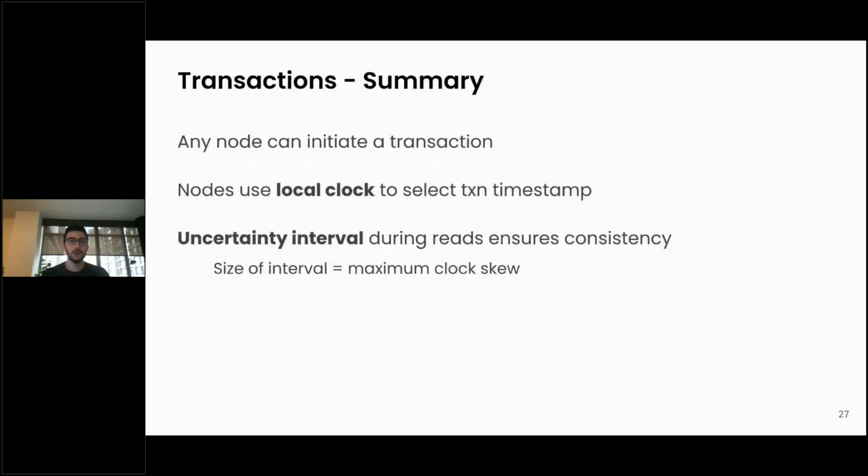So to summarize, right off the bat, I think it's clear why Cockroach would be interested in better clocks. The tighter the clock offset bounds, the smaller the uncertainty intervals during transactions are. Smaller uncertainty intervals mean that fewer transactions will restart, and under contention, transactions can have higher throughput.